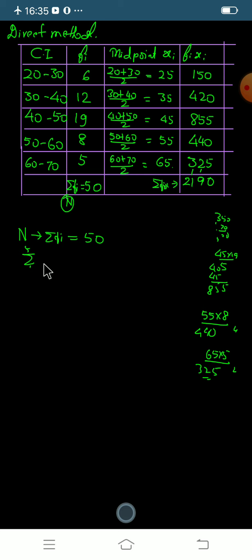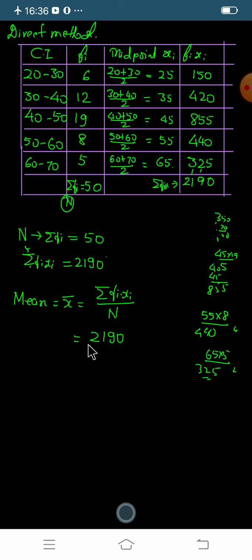That is fi xi is equal to 2190. Now we should calculate the mean. The symbol is x bar. X bar is equal to summation fi xi divided by n. This is equal to what is that?